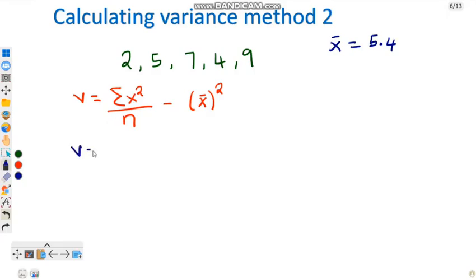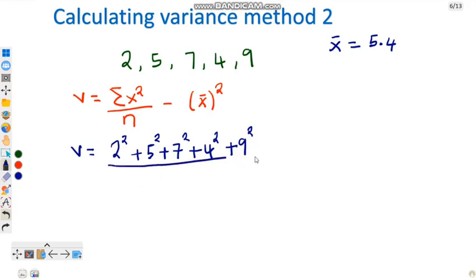So variance is equal to 2 squared plus 5 squared plus 7 squared plus 4 squared plus 9 squared, divided by 5, because n is equal to 5, then minus 5.4 squared.